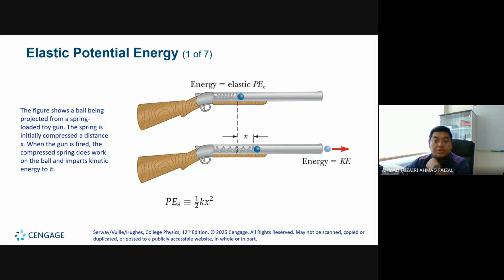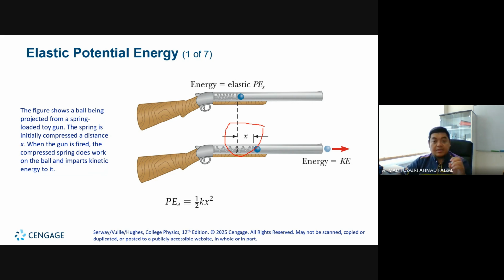The figure shows a ball being projected from a spring-loaded toy gun. The spring is initially compressed a distance x from the equilibrium position. When the gun is fired, the compressed spring does work on the ball and imparts kinetic energy to it.